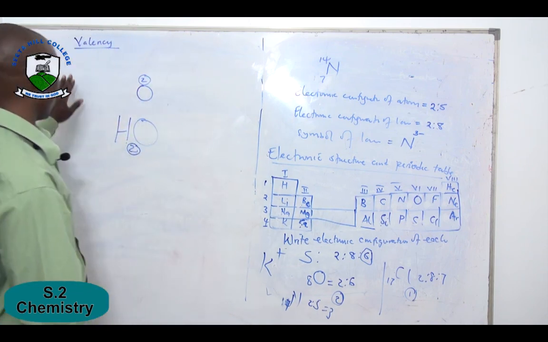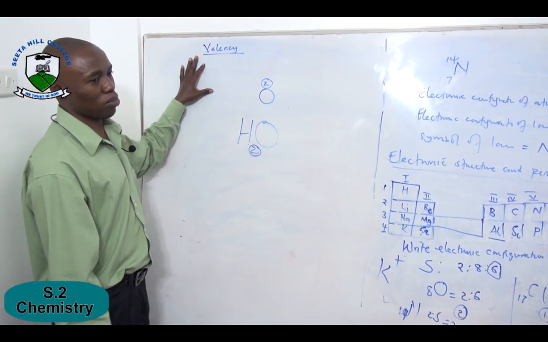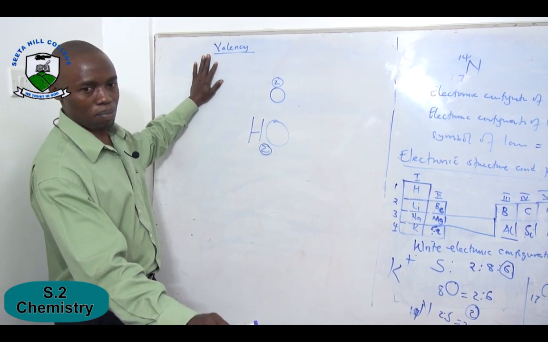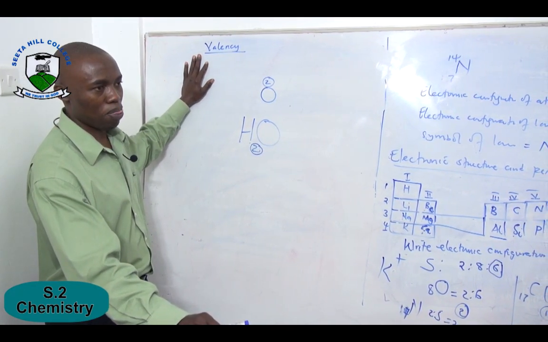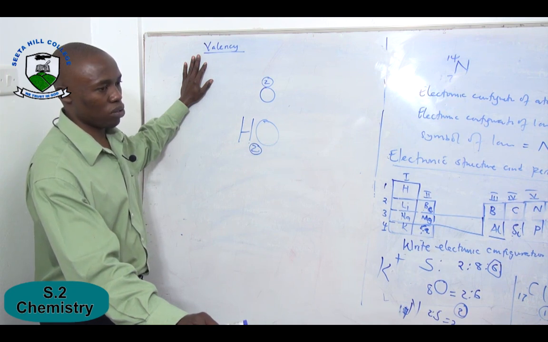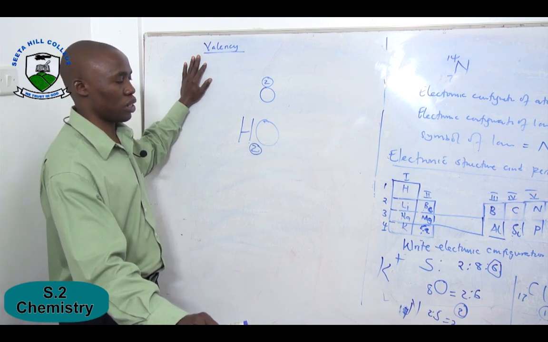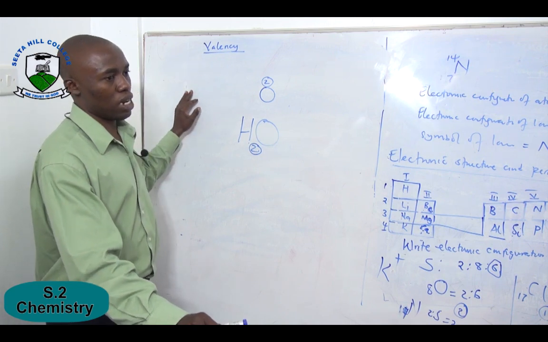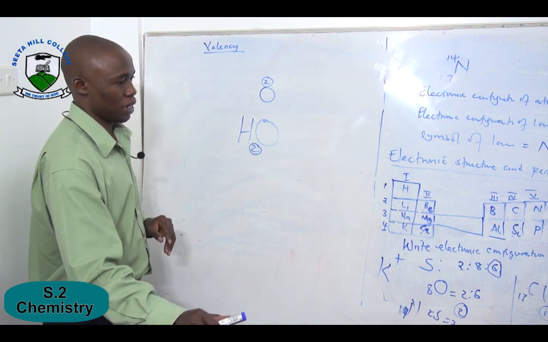Now valence, we've defined it, the combining power. I want to explain deeper and now go to formulas. It's the combining power of an element, or it is the number of hydrogen atoms that combine with one atom of any element.